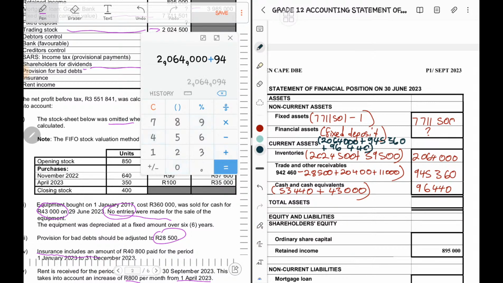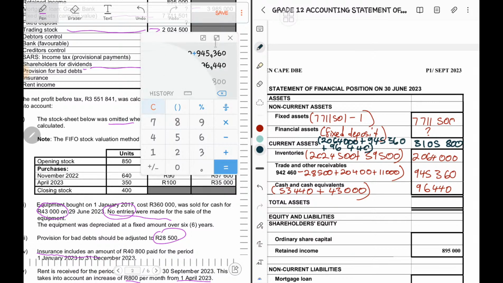We add with 945,360. We also add with 96,440. Then that gives us a total of 3,105,800. Then we are done with the current assets.